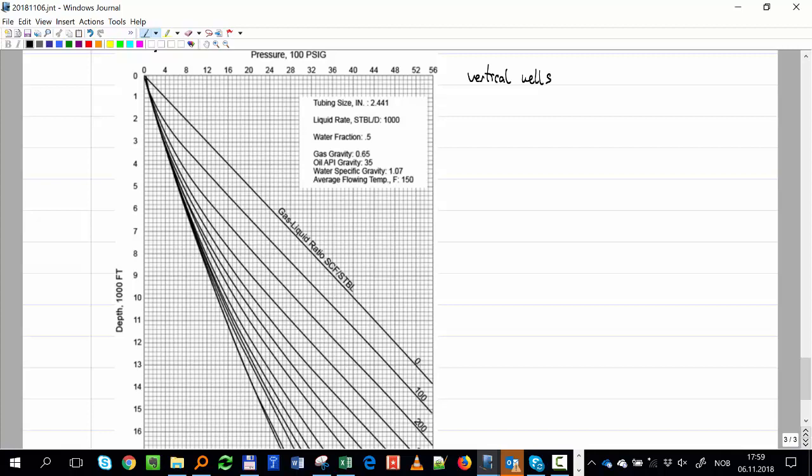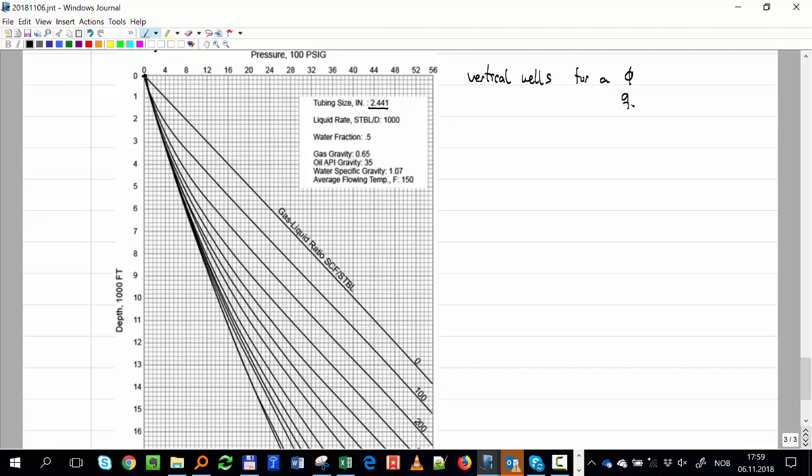And you see all the curves start at zero. All curves start with zero. And you see this curve is made for one tubing size, a fixed diameter.